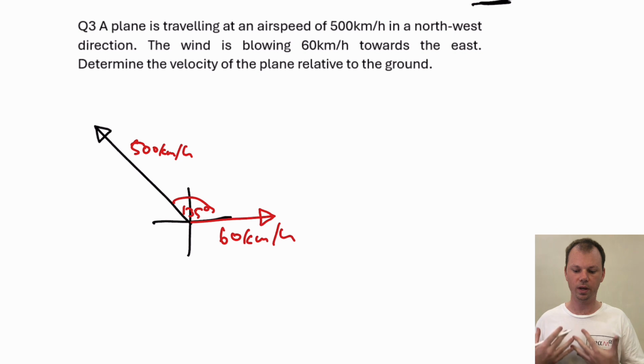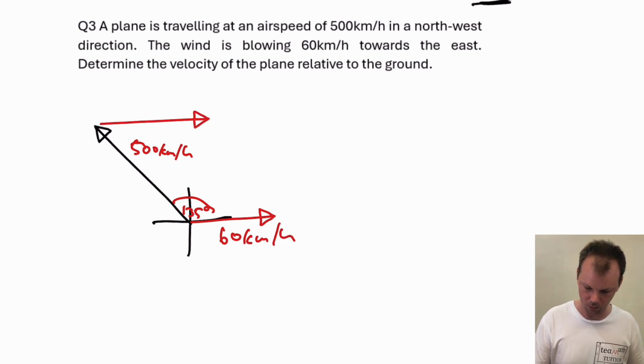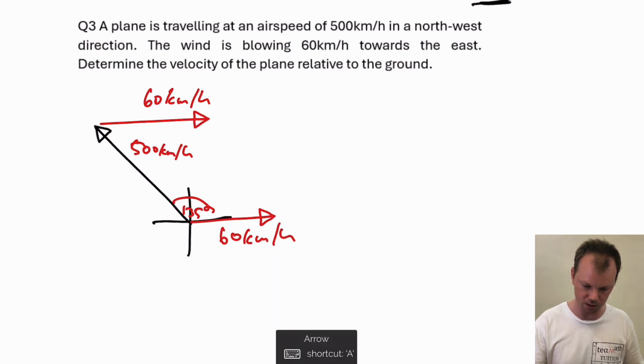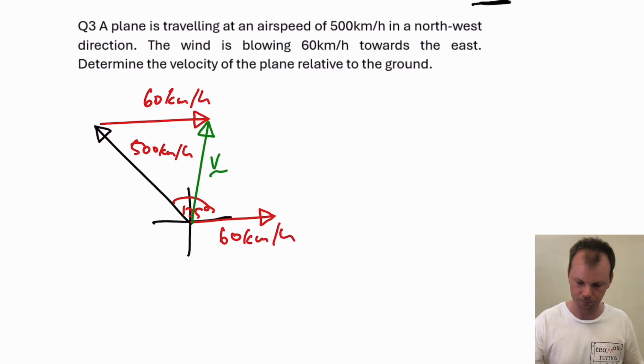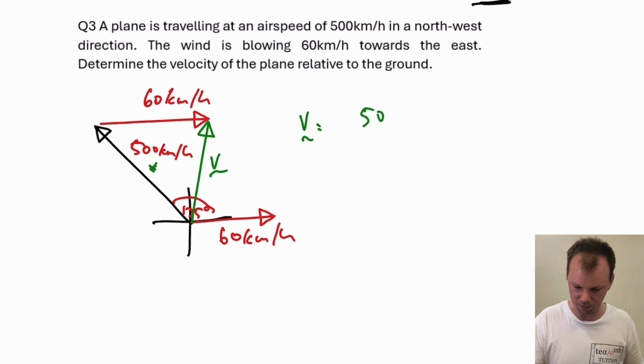So again, when we're working out relative to the ground, we're adding the other two vectors. So I'm going to draw my vector up here. We've got this is 60. And my velocity relative to the ground is just going to be the addition of the two vectors, or this third vector here. So let's call that V. V equals this vector, so that's going to be 500 cos 135, and so on.